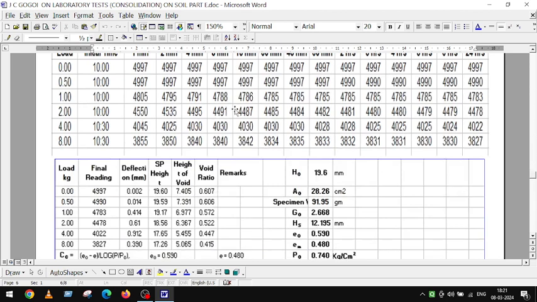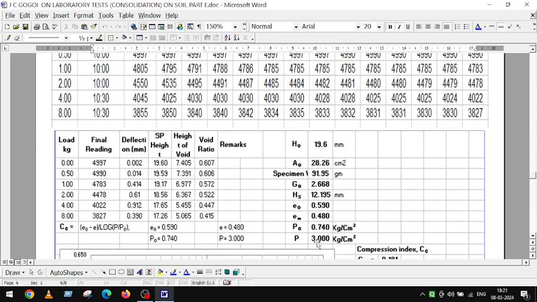This is the tabulation sheet. These are some basic data: height, area, specimen volume, specific gravity, HS, E0, E minimum, P0, which is 0.7, and maximum P is 3.